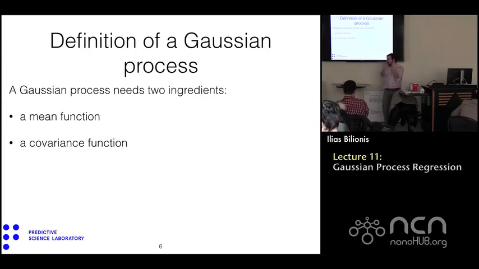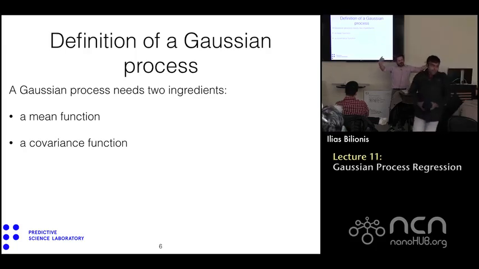The bigger the covariance function is, the more similar, the more correlated the function values are going to be. The smaller the covariance function value is, the smallest could be 0, or even a little bit negative, the less correlated the function outputs are going to be.